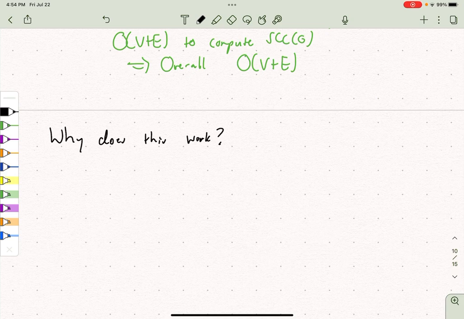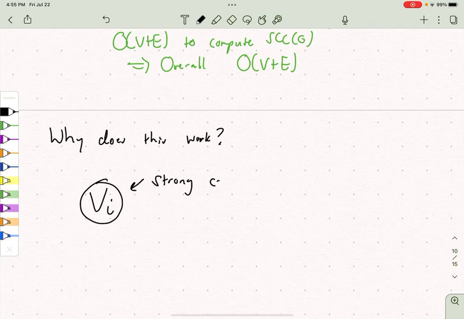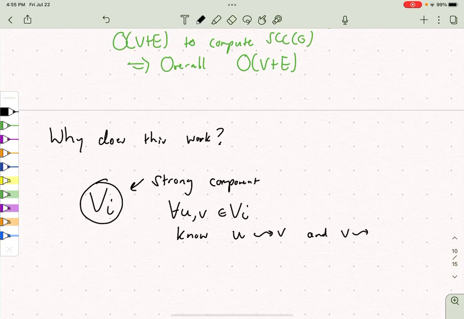Well, for any node in the metagraph, so this is some meta node, I'll call it capital V_i. Any node in the metagraph is a strongly connected component, or a strong component. And so for any two u and v in V_i, we know u can reach v, and we know v can reach u.